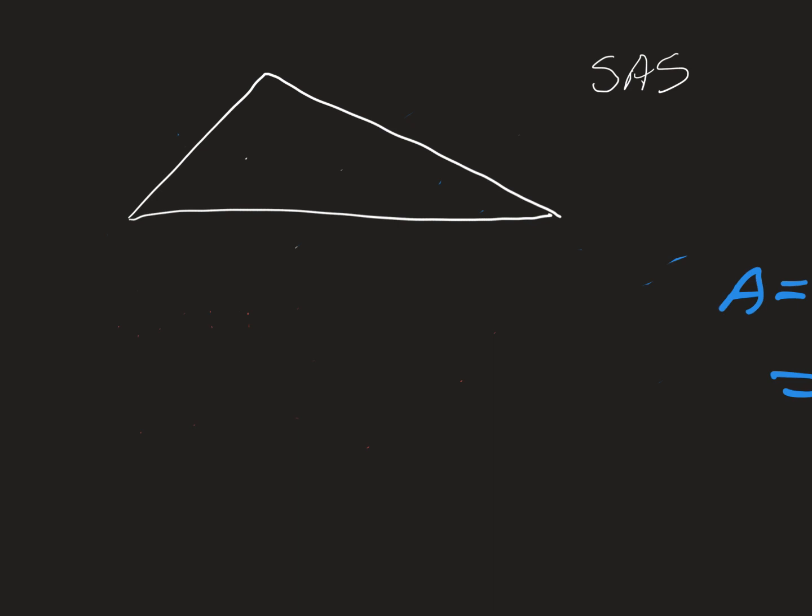In general, it's side, angle, side. And we want to be able to find the area of this triangle. For an example, suppose I give you this side is 4, this angle's 45 degrees, and this side is 10. So I'm given side, angle, side.